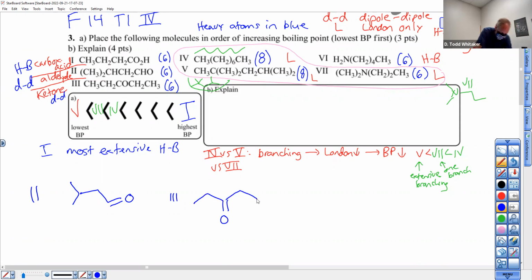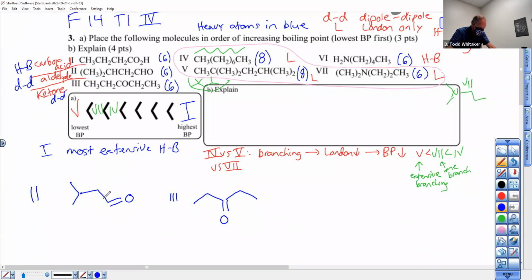I will accept two answers here. I mean, the oxygen here is in the middle, which looks like a branch, right? I mean, it's an atom sticking off the chain. It's not a small atom. And this has an atom here off the chain, just one atom off the chain. They're almost the same.